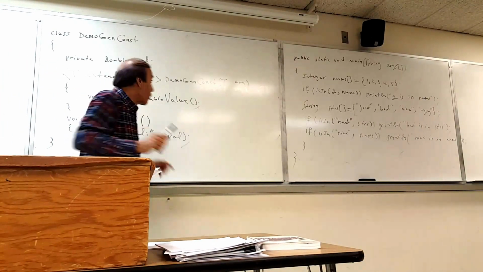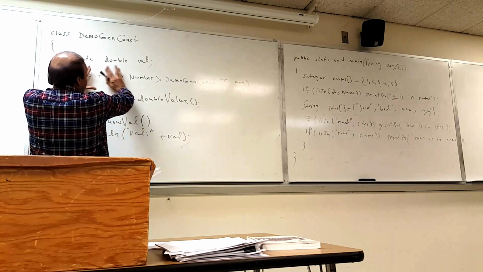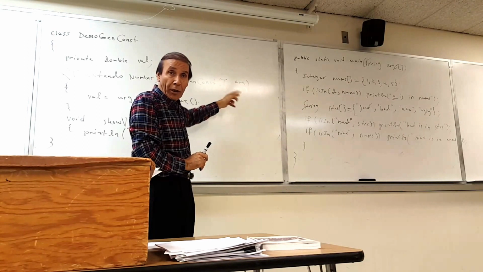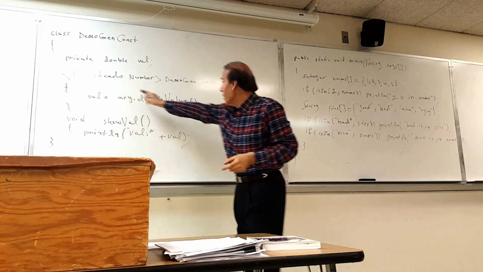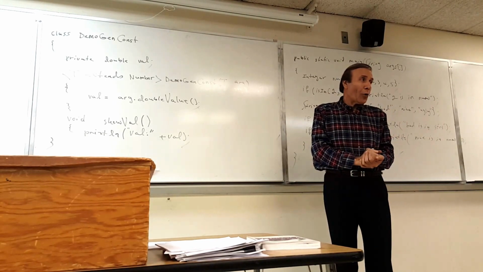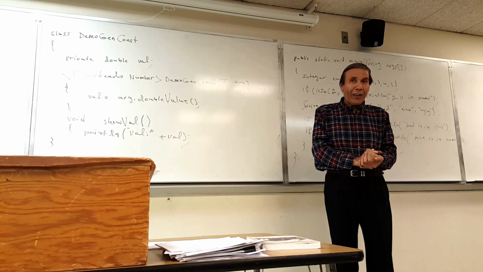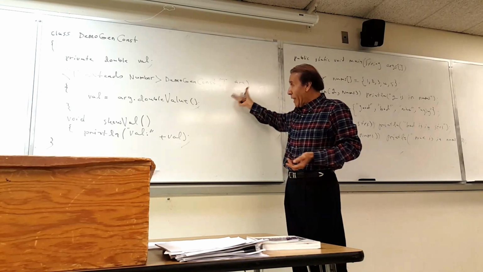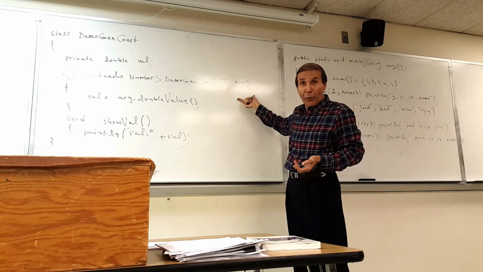Can you remove this and come over there and do this? Say T extends Number arg? No, you can't. You cannot say T extends Number here. You cannot do that.